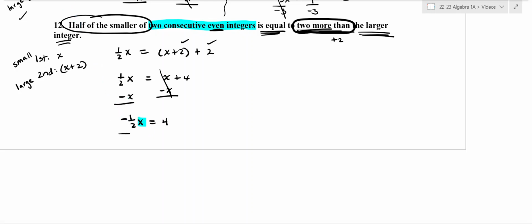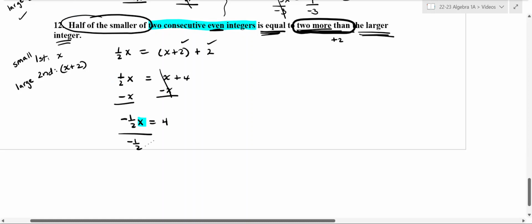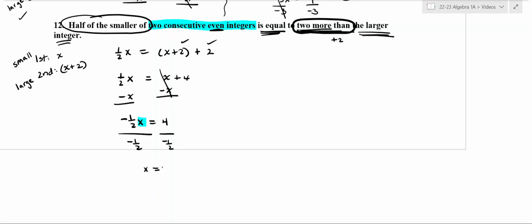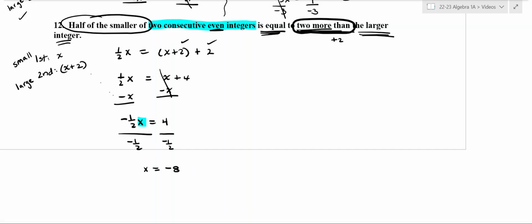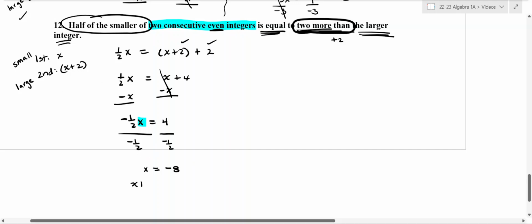So we can just divide both sides by negative 1/2. And so we get that x equals negative 8. Yes, so the first one is negative 8, and x plus 2 should be negative 6.